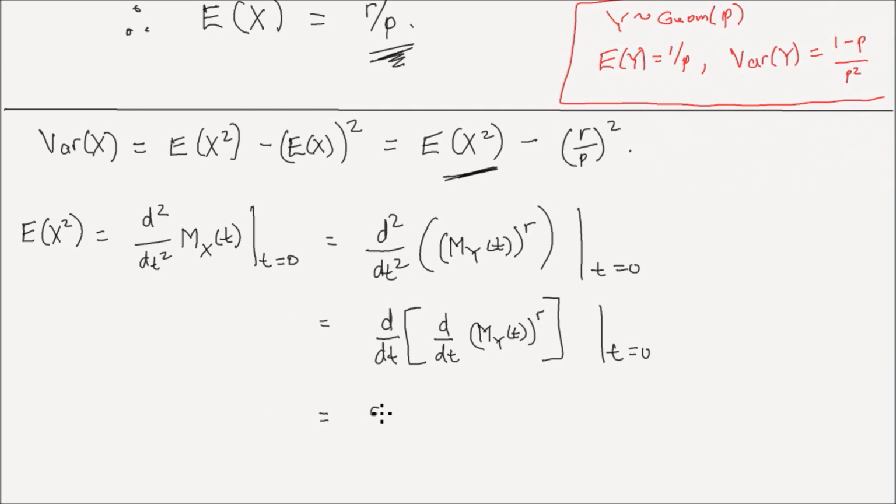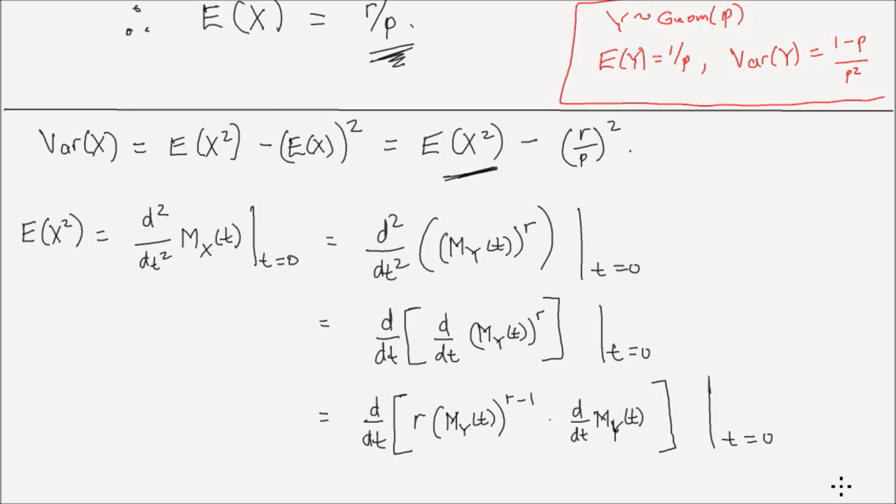This is equal to the derivative with respect to t of, so the inside derivative here is r multiplied by M_Y(t) to the power of r minus 1 times the derivative of the inside function, which is M_Y(t). Okay, this evaluated at t equals 0.